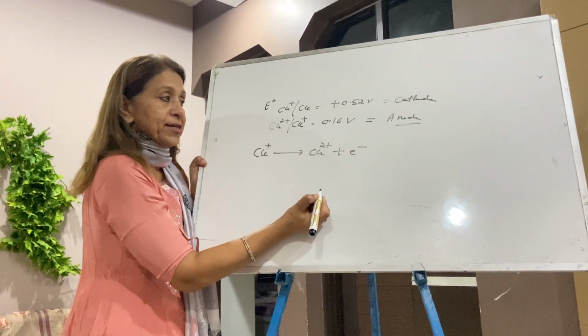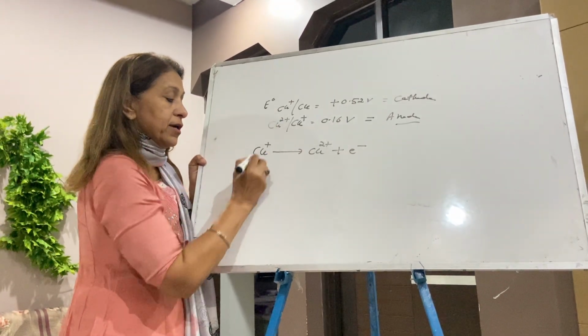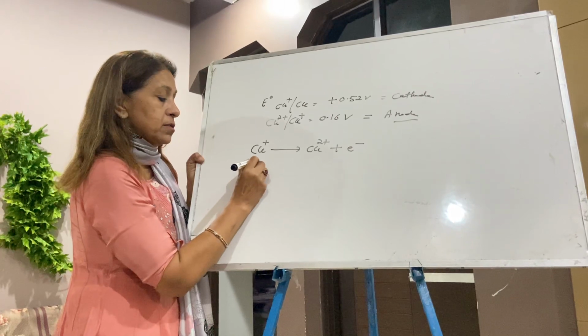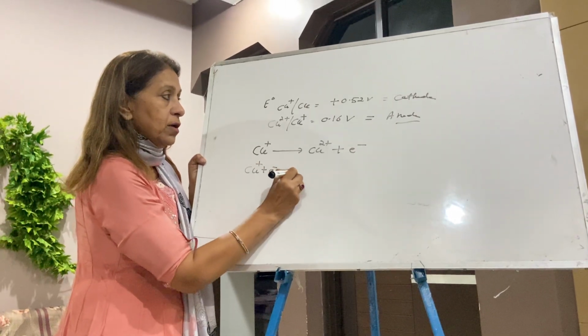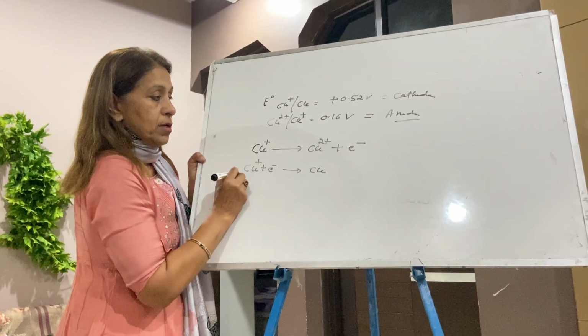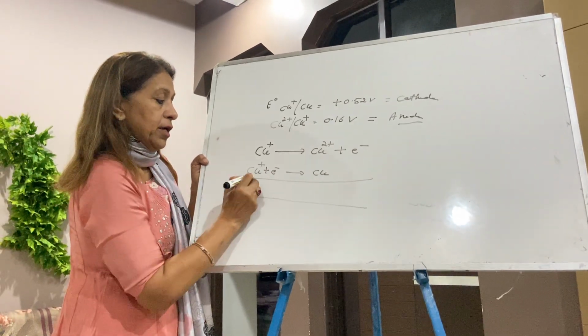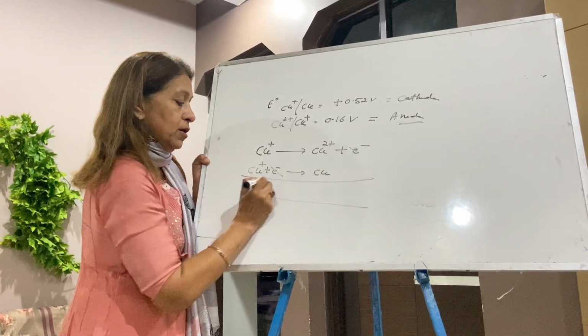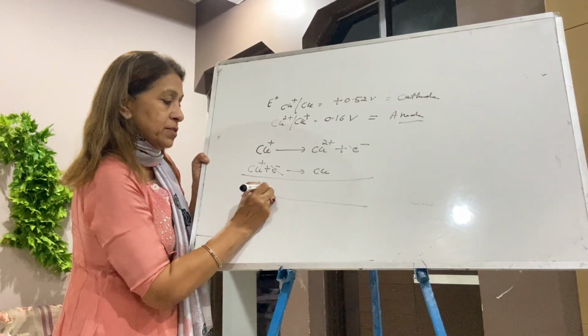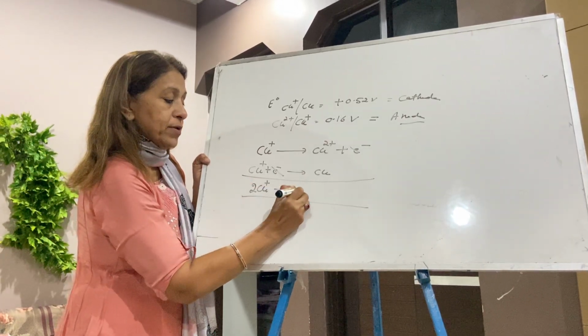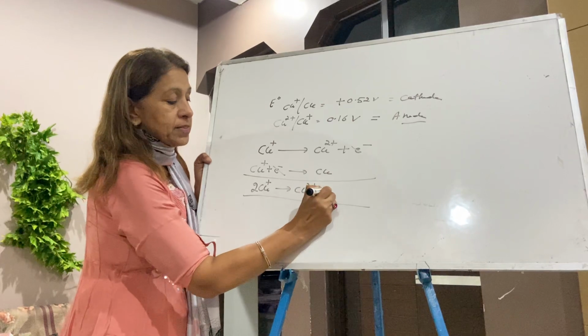This is your anodic reaction, it loses an electron. Second, Cu+ plus electron arrow Cu. Add these two equations and the electrons cancel. Your answer is 2Cu+ arrow Cu2+ plus Cu.